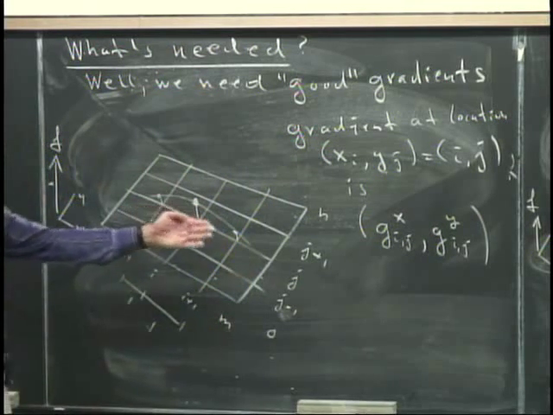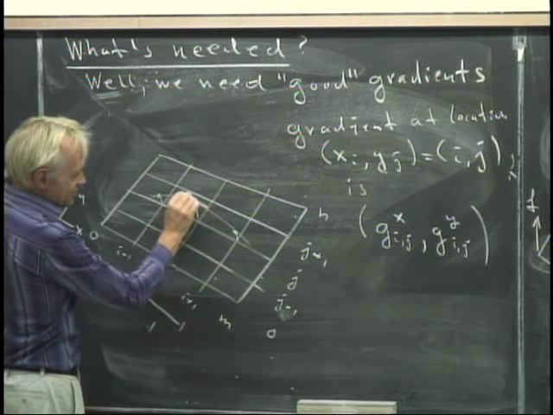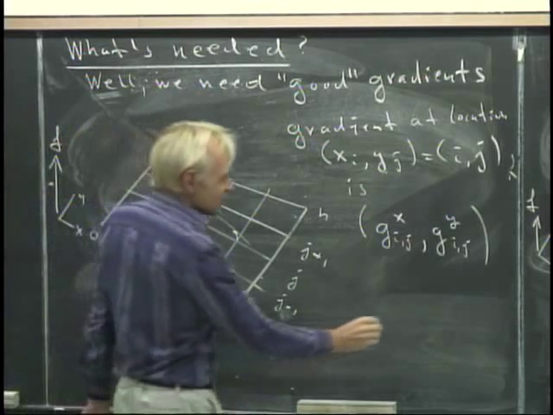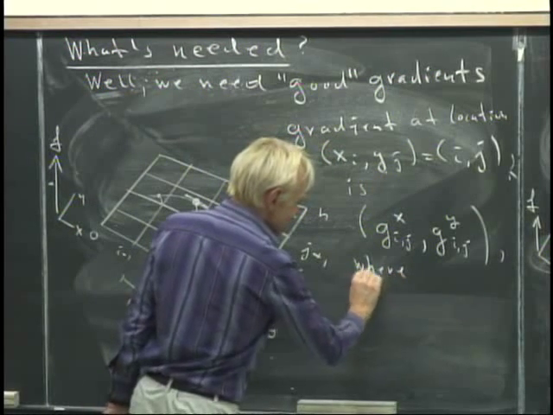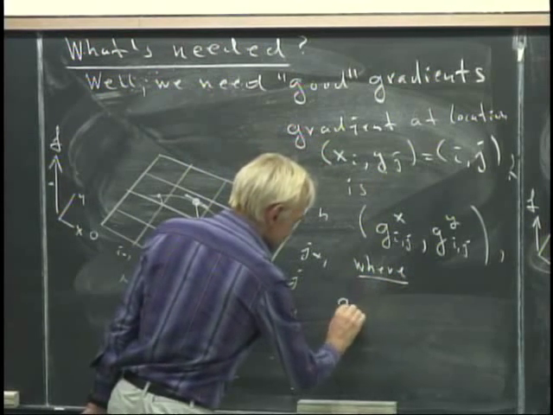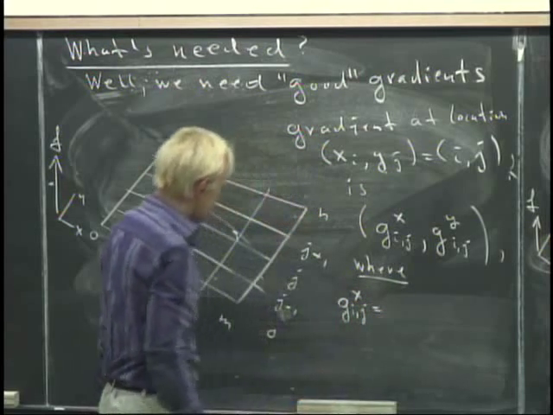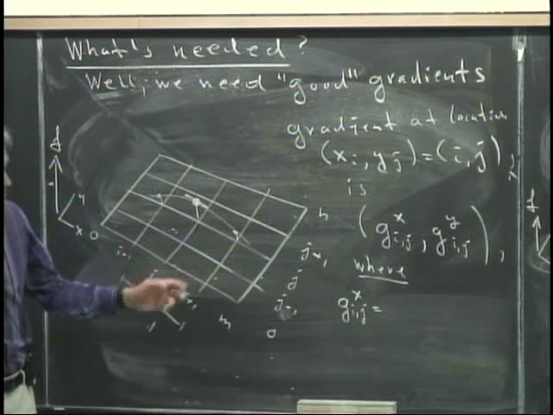Our eyes see this parabola, and this is the derivative for x. Okay. Where, and now I spell this out, what I did there in the illustration, where gradient ij x is, well, I did the same as I did in the 1D case, right minus left divided by 2.